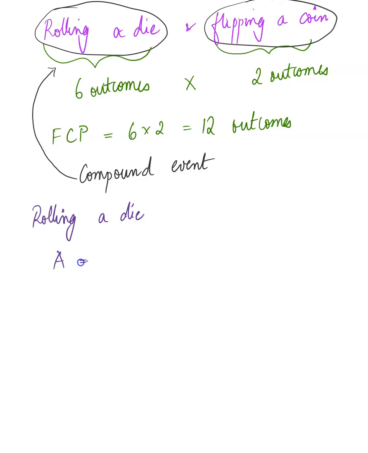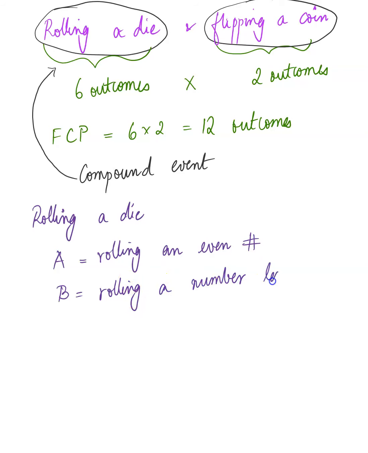Event A is rolling an even number, and event B would be rolling a number less than 3. Alright, we have 2 events here.